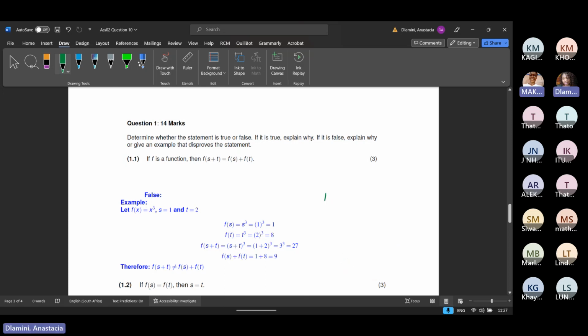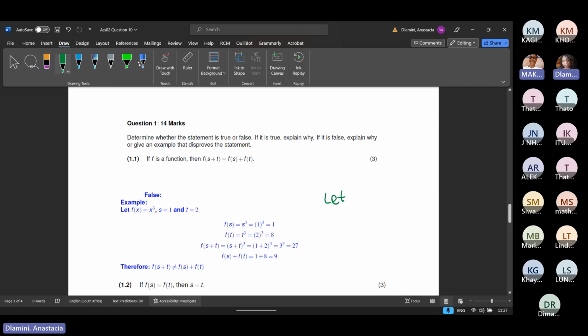For example, let f of x be equal to x squared, and let s equal 3 and t equal -3. Then f of s is s squared, so 3 squared is equal to 9.